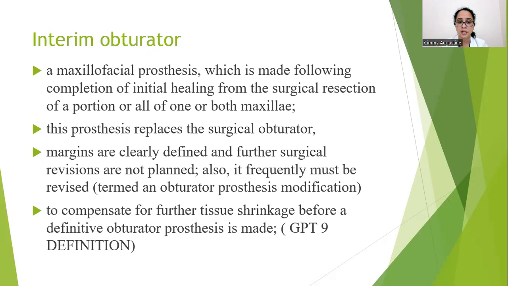Even though the margins are clearly defined and surgically we are not cutting further, because the defect is healing, this is called an interim obturator. So this will serve before a definitive obturator is made. An interim obturator is made after the initial healing starts.